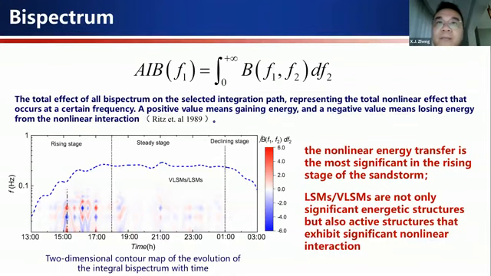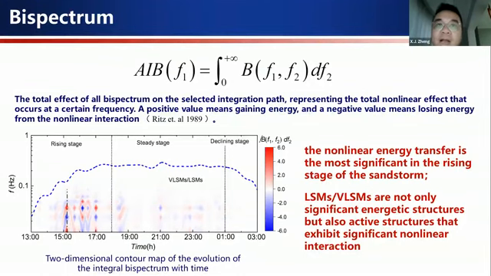We found this figure indicates that the peak of the integral bispectrum is significant in the rising stage, and with the evolution of time, the peak gradually weakens in the following steady and declining stages. So the nonlinear energy transfer is the most significant in the rising stage of the sandstorm.